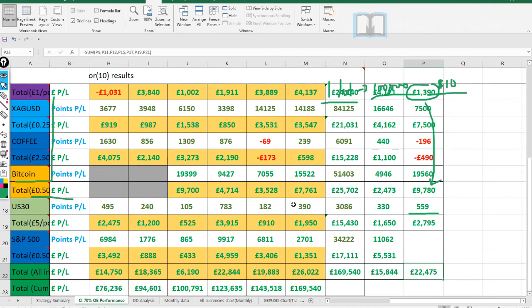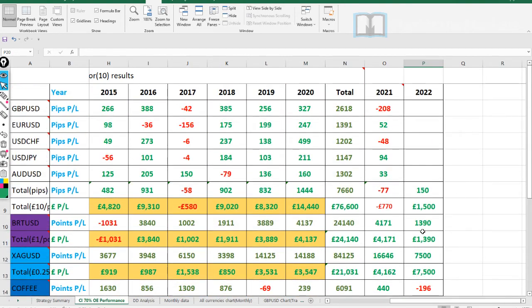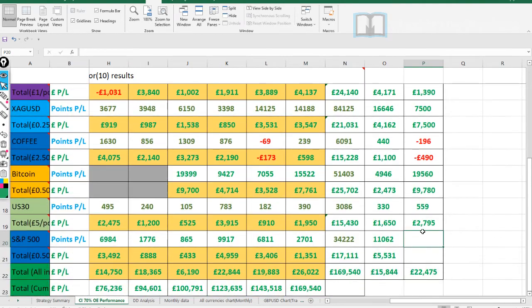If you total all that up, that would be about 22,475 pounds for 2022 so far. For the 3 months that we have traded, that is about 7,000 pounds on average every month.